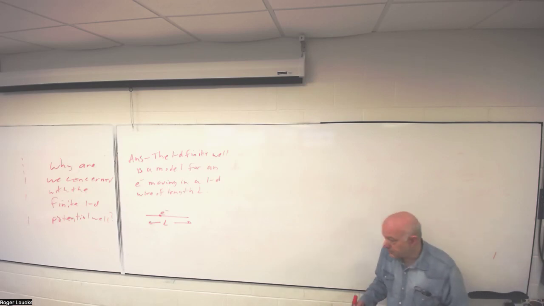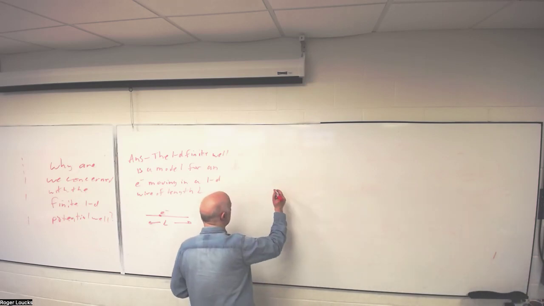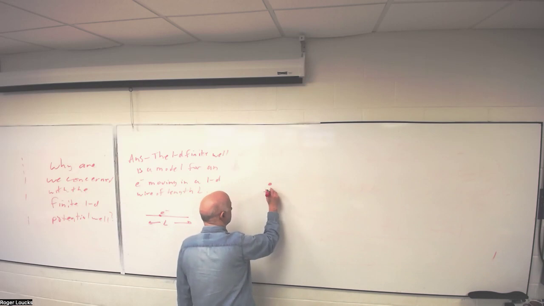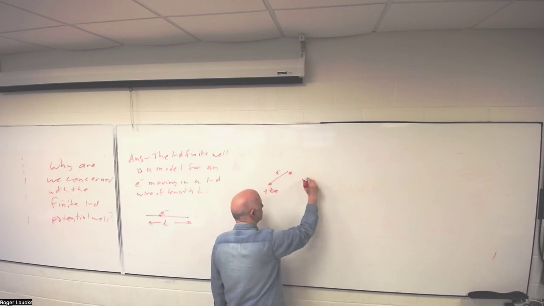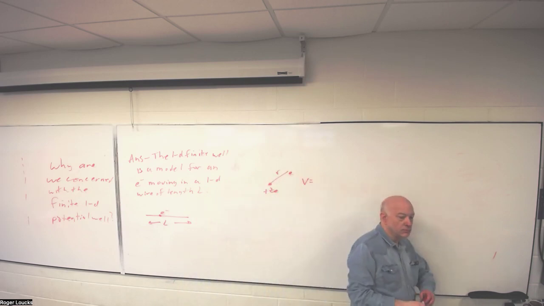Let's do a little review. This is plus Z, my nucleus, and here's my electron, at distance R. What is the potential energy for this?